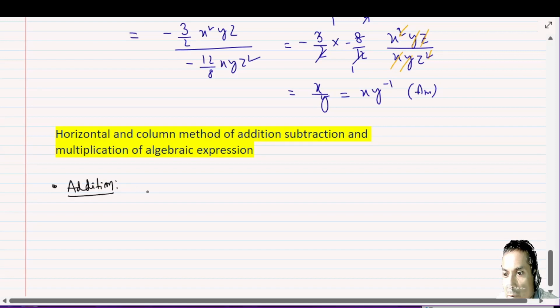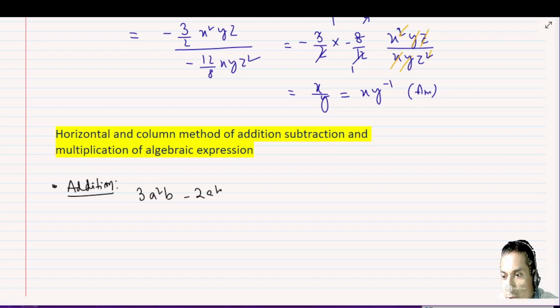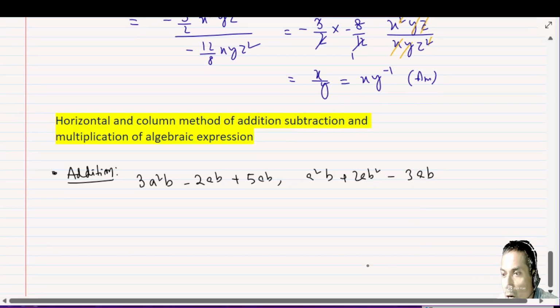Explain it with some simple example. It could be more complex, but the basics are the same. You have to apply the same basics to solve this problem. A square b, 2ab square minus 3ab. How can you solve this question? So first we apply the horizontal method.